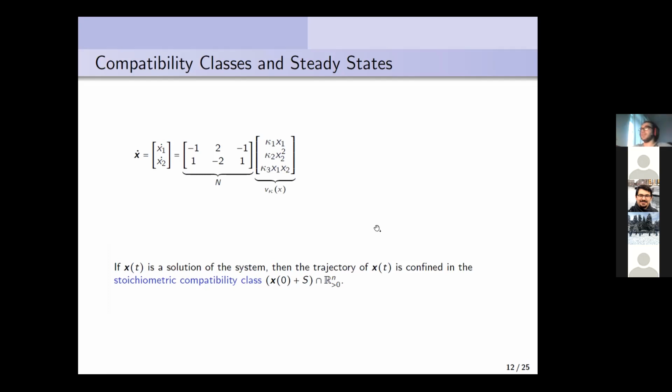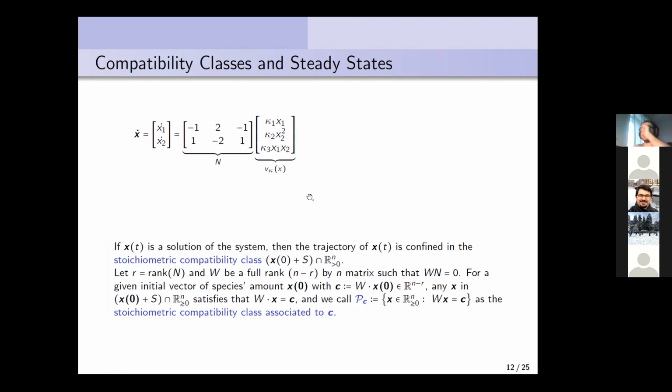And there is actually another way to interpret this. If you take a full rank (n minus r) by n matrix W, where r is the rank of your first matrix N, and the initial vector of species x0, then you just look at this multiplication, and it spits out a vector c in R^(n minus r).